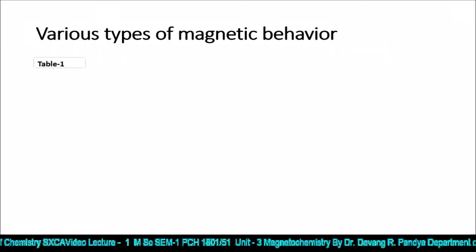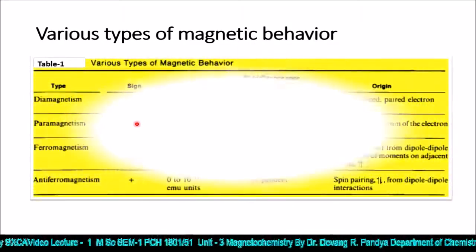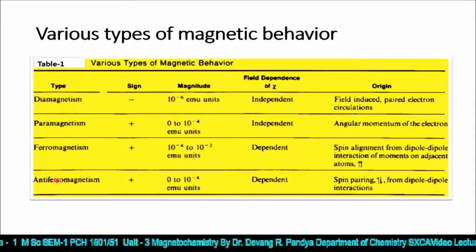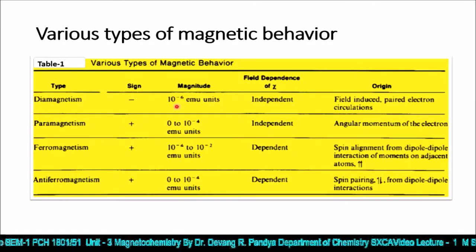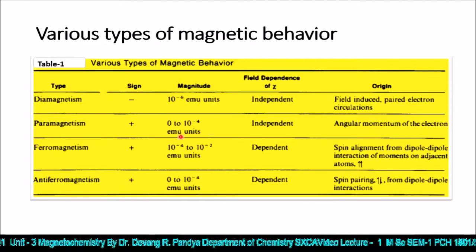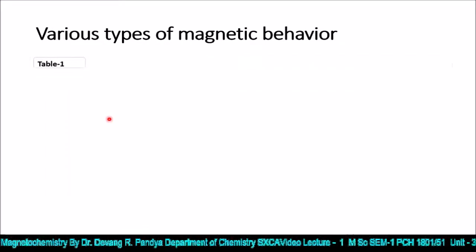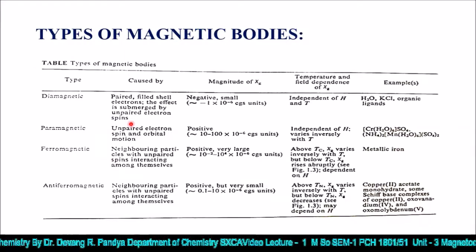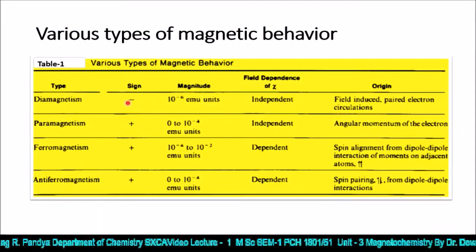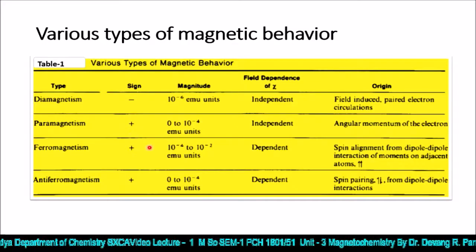Now these are the various types of magnetic behavior of a substance, which we have already discussed: diamagnetic, paramagnetic, ferromagnetic, antiferromagnetic. The magnitude is in 10^-6 EMU units, 0 to 10^-4. This is the common table, and the previous one was in depth; here we obtain the general trends: minus, plus, plus, plus.